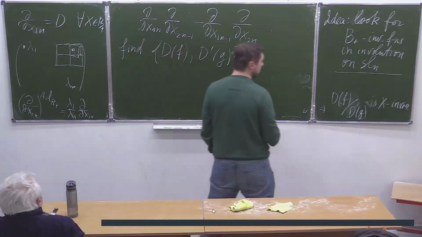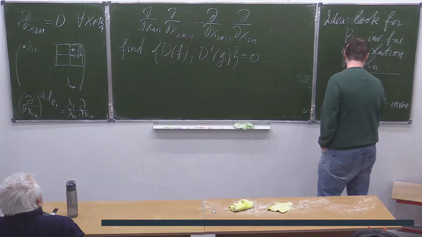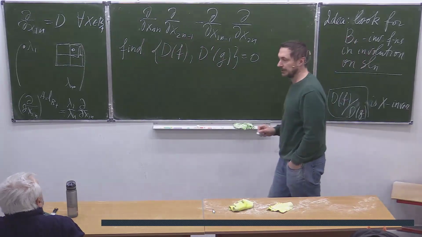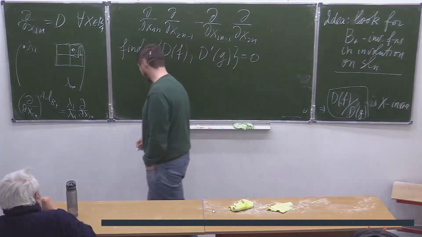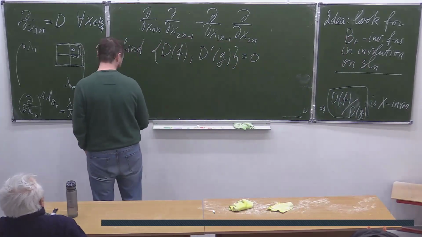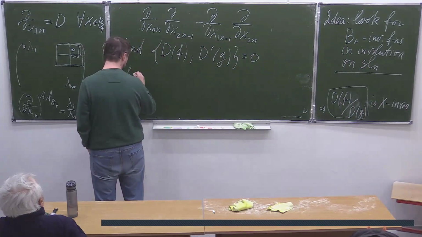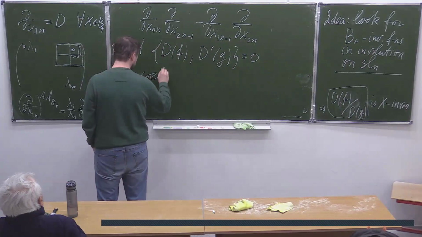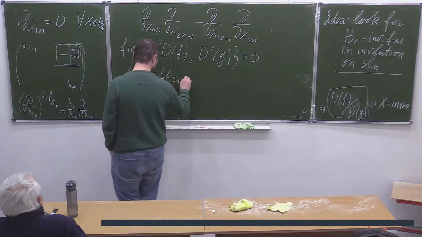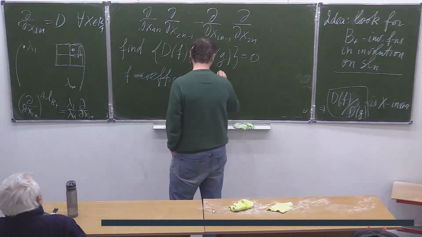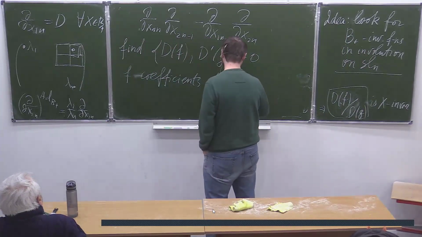And then we can use this construction to get B plus invariant functions which will commute. So such functions exist. For instance, we can take f and g to be coefficients of the characteristic polynomial.